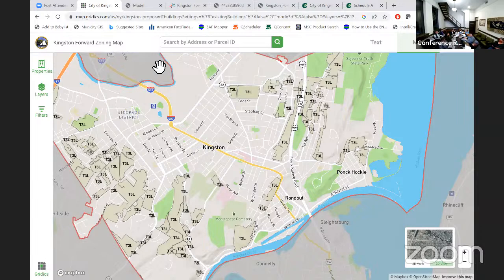That's the biggest question that I've had from residents on this, is that many people bought in neighborhoods that are single family zoning, and now you're taking that away, which affects the overall neighborhood character.